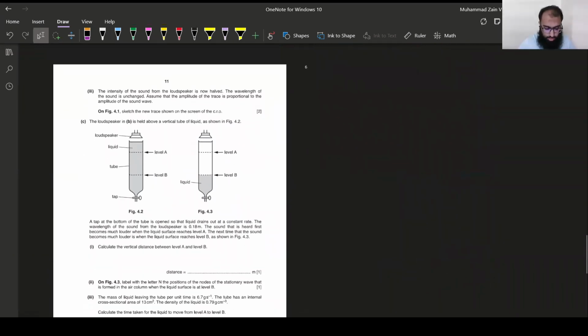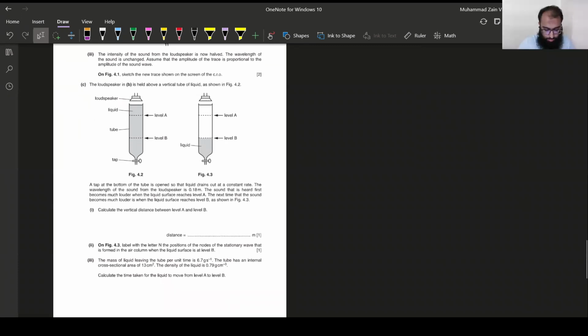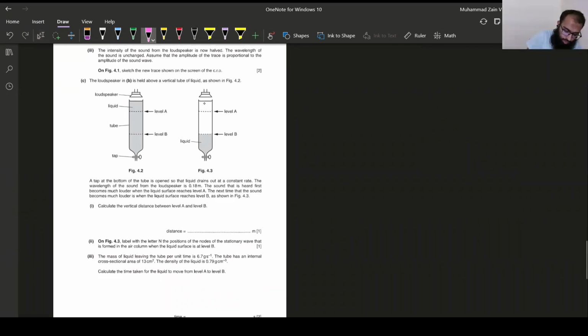This question is again very similar to the previous one. Similarly, I know that there would be an antinode here, and surely a node at this point. The only difference is that previously the piston was moving downwards, but this time the water is coming out from this tap.